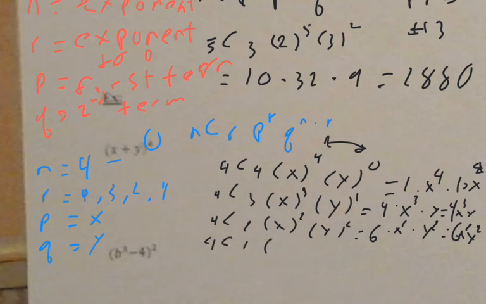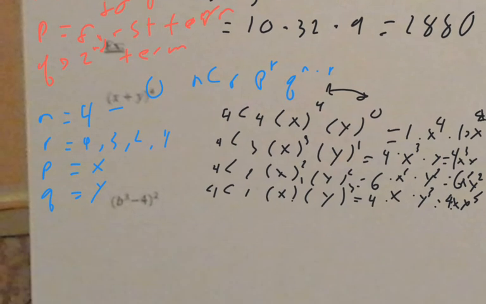Then we do 4C1, and you get x to the first, y to the third, and we get that to equal 4 times x to the first, which is x, times y cubed, and we get that to equal 4x y cubed.